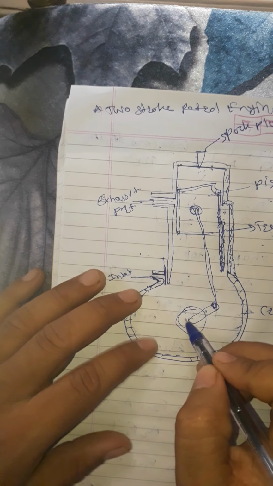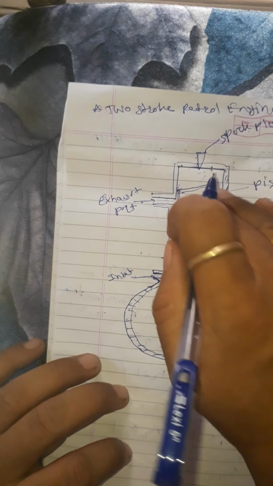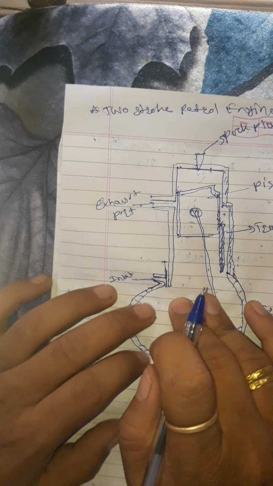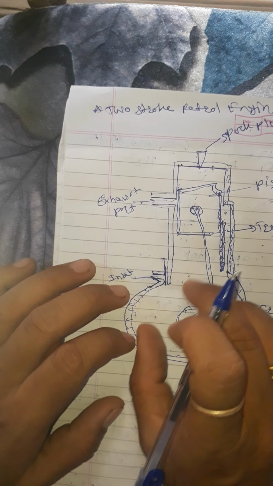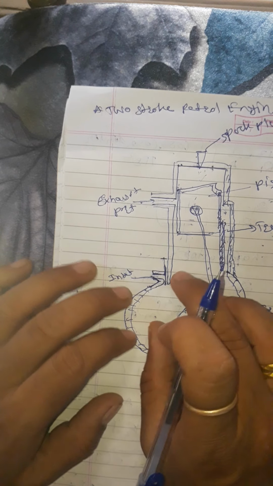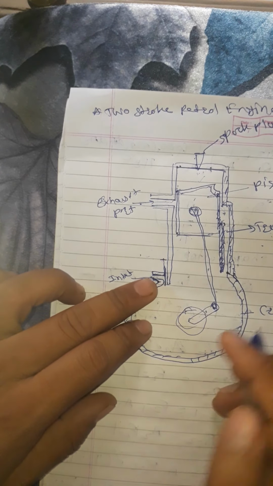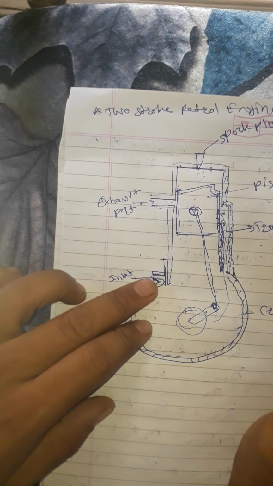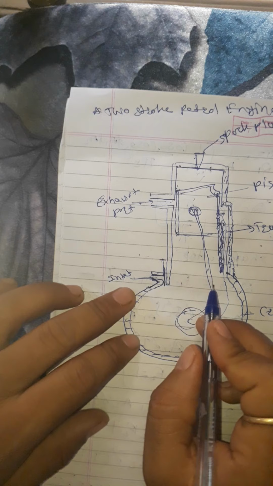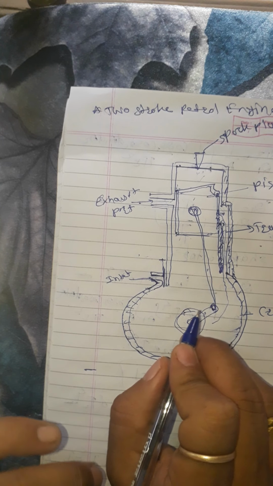The rear side of the piston acts as a pump to feed. When the piston comes down, the charge in the crankcase, which came from the inlet port, is pressurized by the piston and the charge goes through the transfer port. The one-way inlet valve is closed at this stroke.